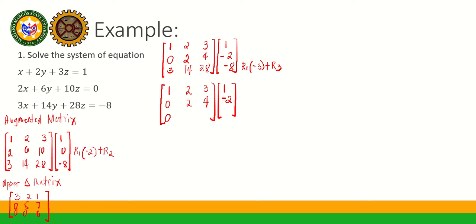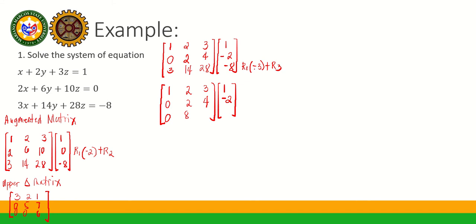And then, R1 times negative 3, that is 2 times negative 3, that is negative 6, plus 14. Negative 6 plus 14 is equal to positive 8.